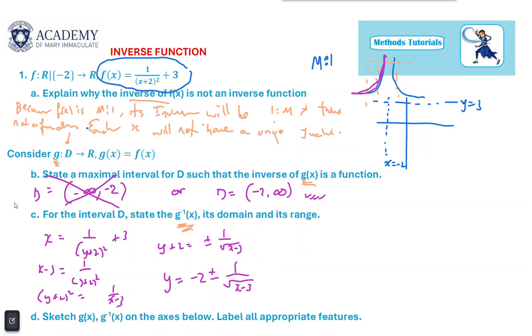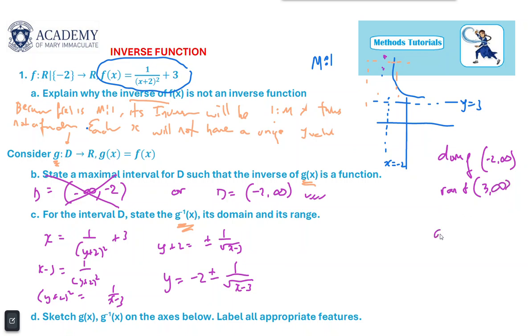And since I have chosen that as my rule, my domain of f is -2 to infinity, and my range of f is 3 to infinity.